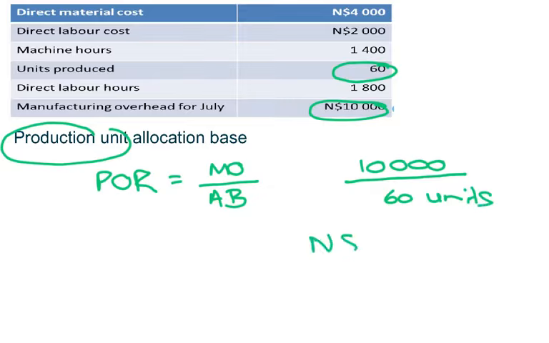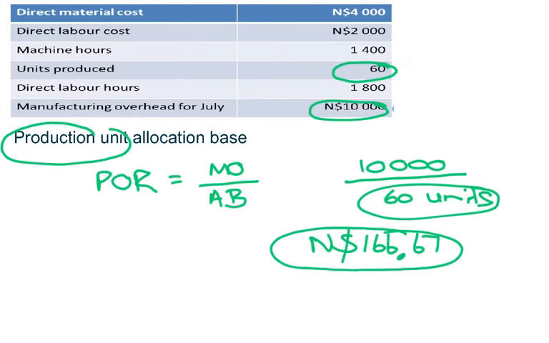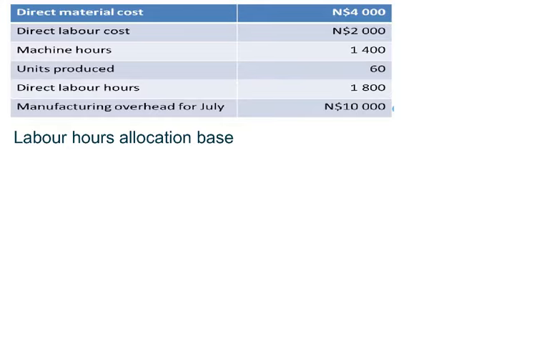If you do this calculation, 10,000 Namibian dollar in manufacturing overheads divided by my units, I will get 166.67 Namibian dollars. Now, what is this answer? This is saying that for every unit produced, I plan or estimate that I will incur 166 Namibian dollars in overheads.